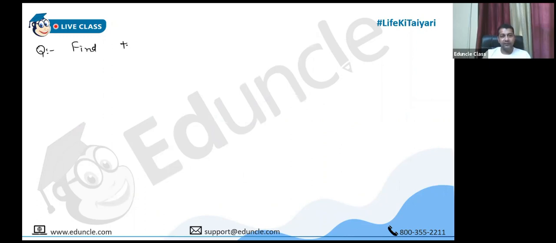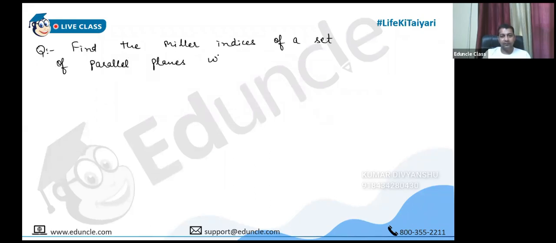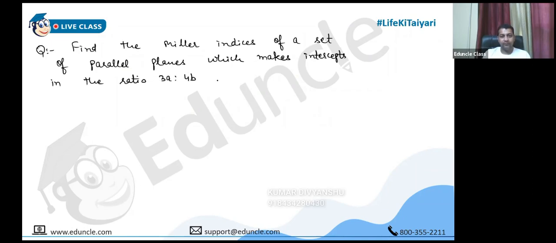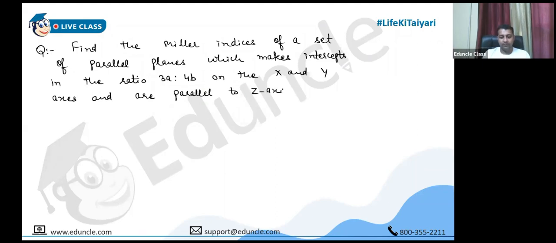Another one. Find the Miller indices of a set of parallel planes which makes intercepts, with A, B, and C being primitive vectors of the lattice.